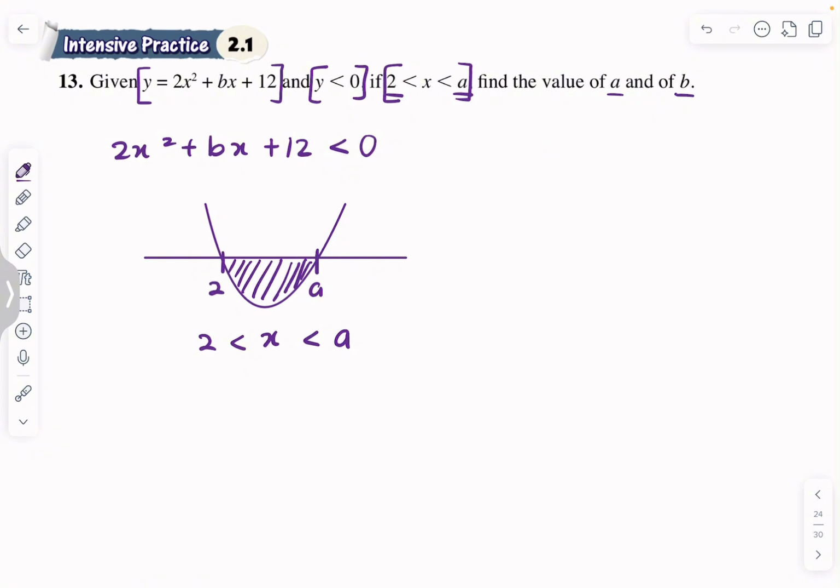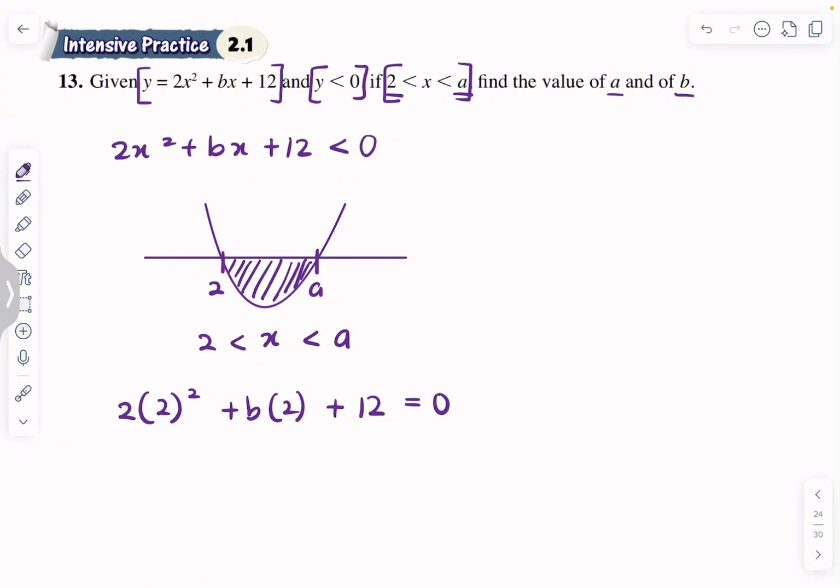First, let's try to find b. Since we know our roots are 2 and a, we can put these roots into the x. So let's try to put 2 first. 2 times 2 squared plus b times 2 plus 12 must be equal to 0. Whenever you put your roots inside, you will get 0.